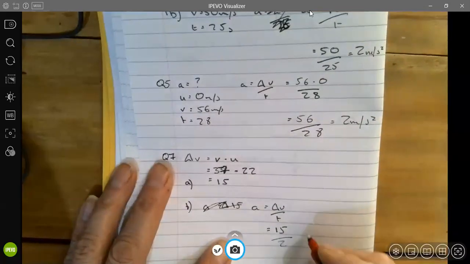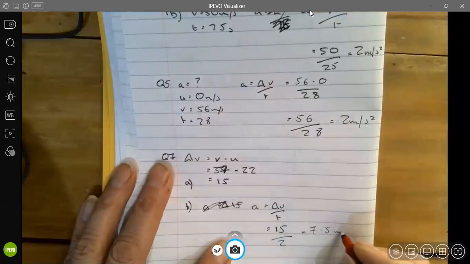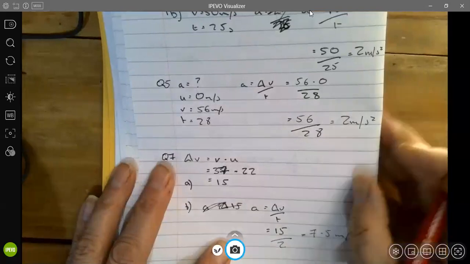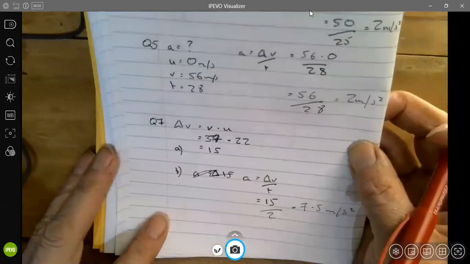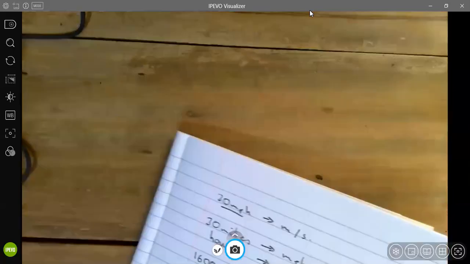So it's 7.5 meters per second squared. Right. Sorry if that was a bit rough, but that's the answer. So moving on then to our velocity time graphs.